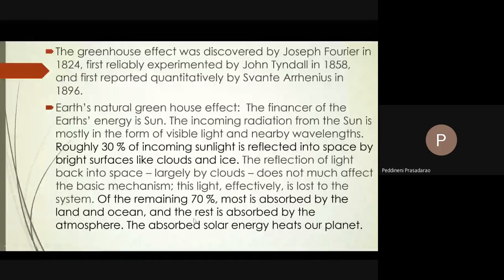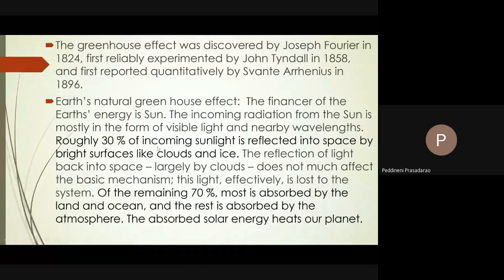Let me now look into the persons who are responsible. The greenhouse effect was discovered by Joseph Fourier in 1824, reliably experimented by John Tyndall in 1858, and first reported quantitatively by Arrhenius in 1896.